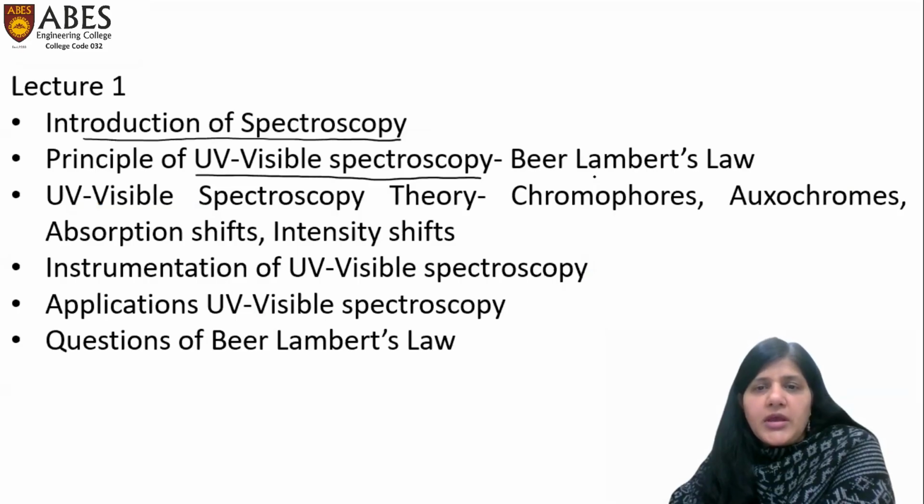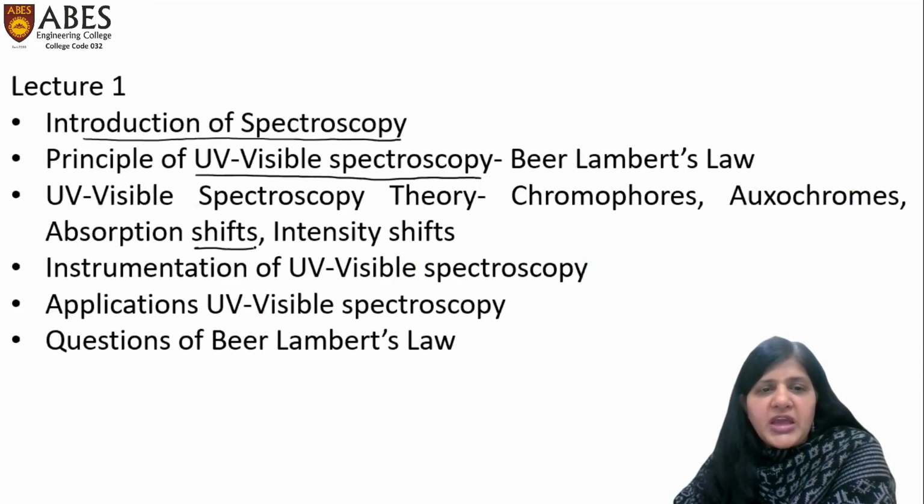Along with this, examples. Then, there will be the various terms which are used in UV visible spectroscopy like chromophores, auxochromes, absorption shifts, that is bathochromic shift and hypsochromic shift, which are also known as blue shift and red shift.